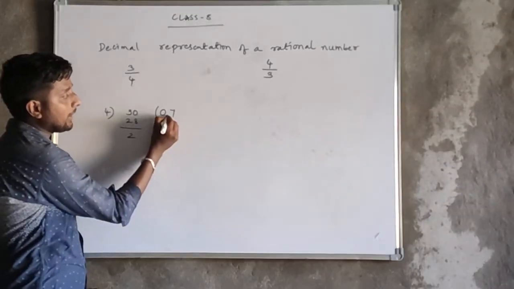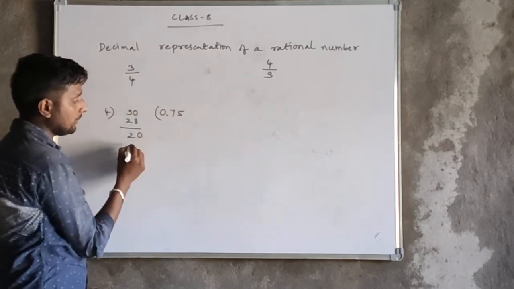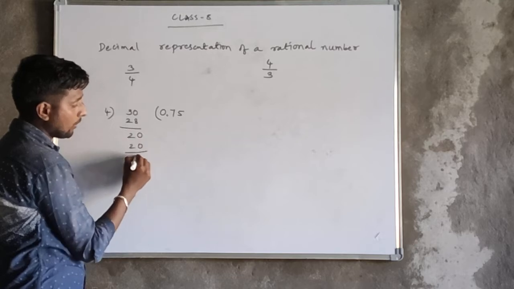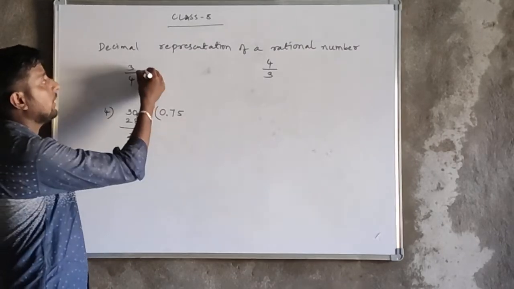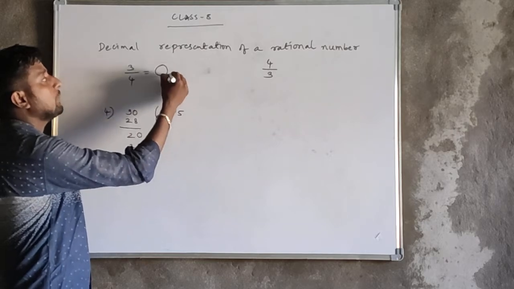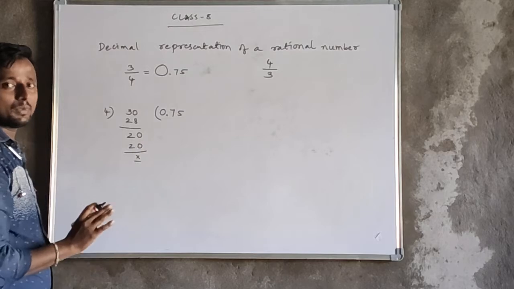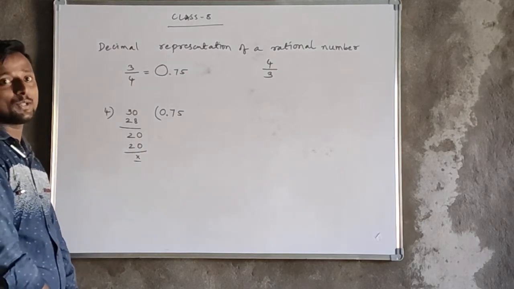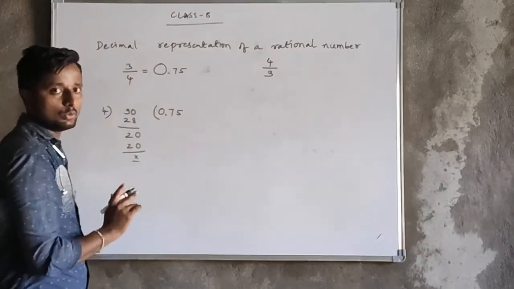Already we had a decimal, so it will become 20. 4 fives are 20, so the remainder is 0. The decimal value of 3 by 4 is 0.75, so after the decimal there are 2 digits.